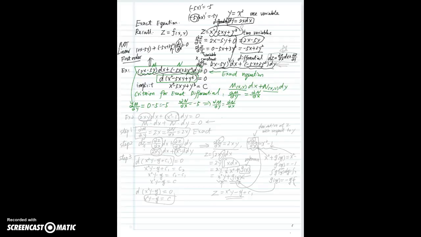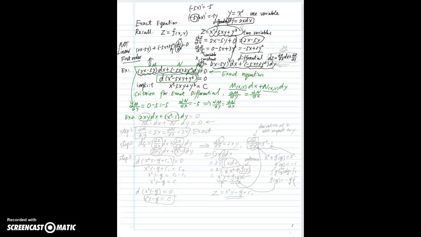Another example. So if we have 2xy dx plus (x squared minus 1) dy equals 0. In this section, we always write our equation in this form.